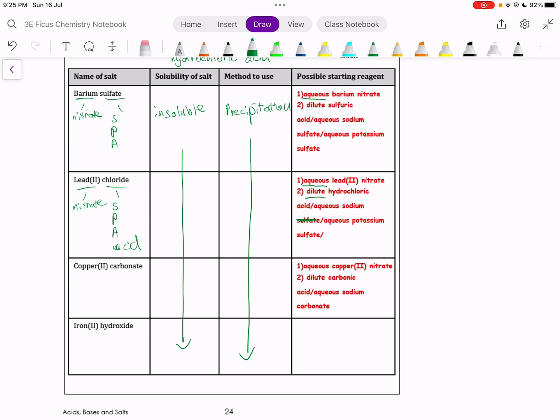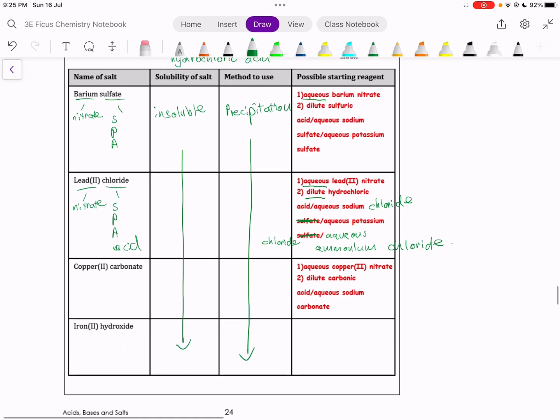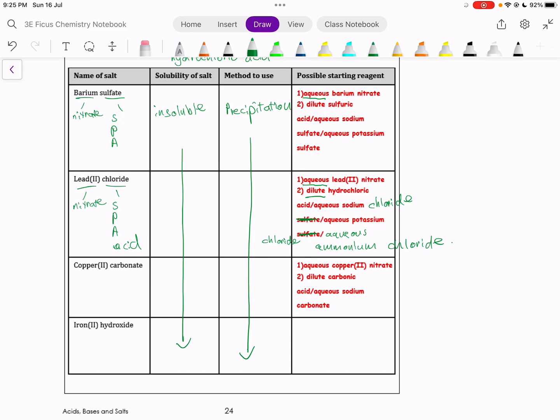Goodness, I made a very bad typo, I must change it. Aqueous ammonium chloride.